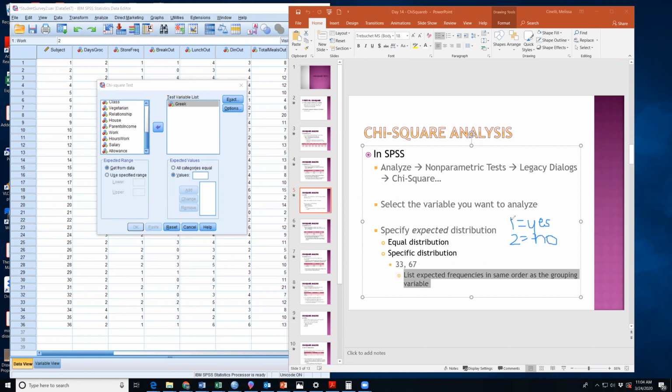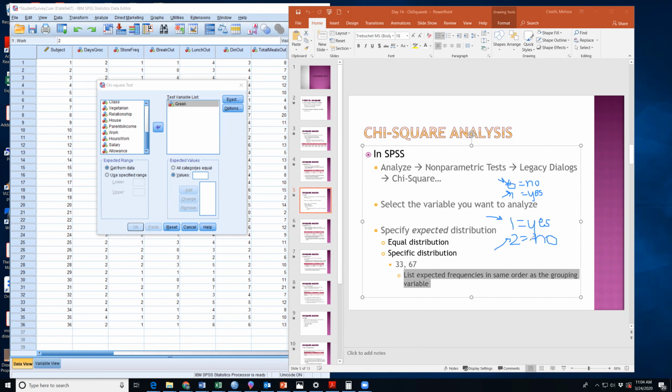This means because 1 is a smaller grouping code than 2, we have to enter the proportion we expect to say yes first, and then the proportion we expect to say no. If this were coded 0 equals no and 1 equals yes, then we would have to enter the proportion of no's first, and then the proportion of yeses, because 0 is the smaller coding value than 1.